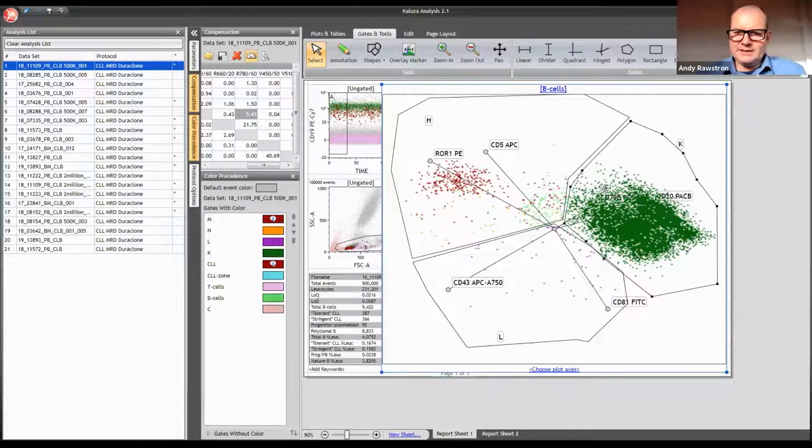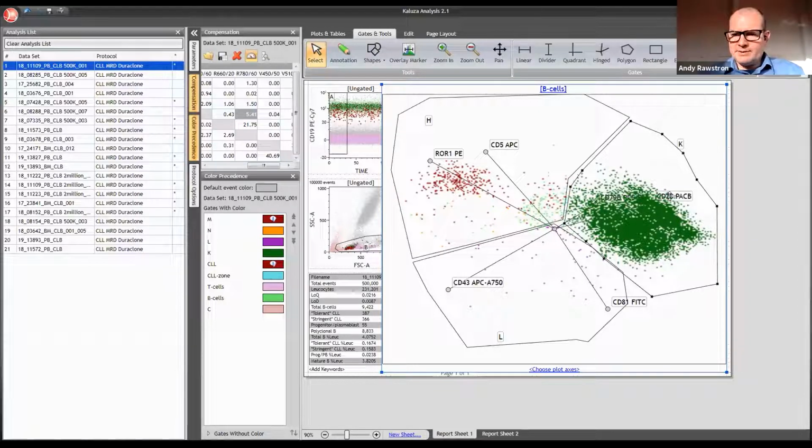Usually, if you have a regenerative marrow, you'll see some CD5 expression, more CD5 expression than usual. So sometimes you'll see events around here, particularly just after treatment. But even so, typical CLL is always very well resolved, and even atypical cases are usually pulled over this way, largely because of the CD43 and the ROR1.